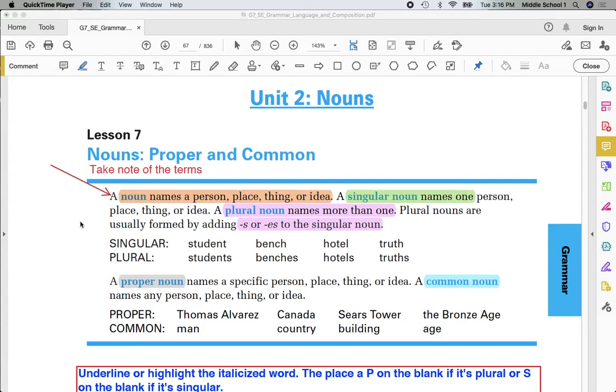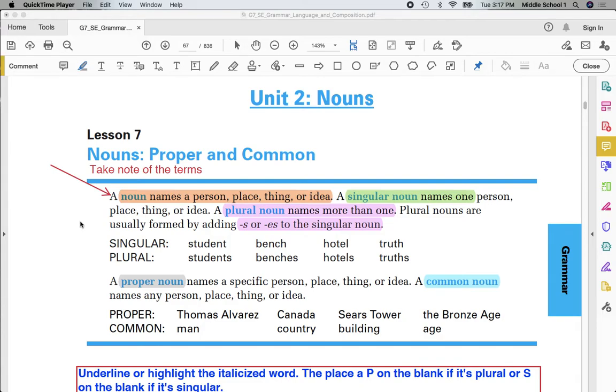Not always, but very often times, if you see an S or an ES at the end of a noun, it's going to be plural. You'll see at the top of page 61, 2 lines, one labeled singular, the other plural.